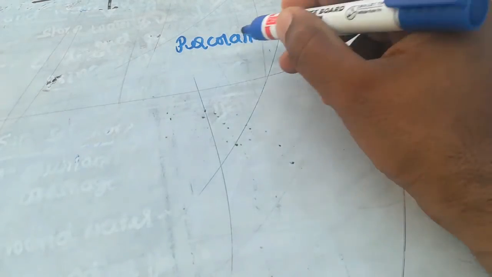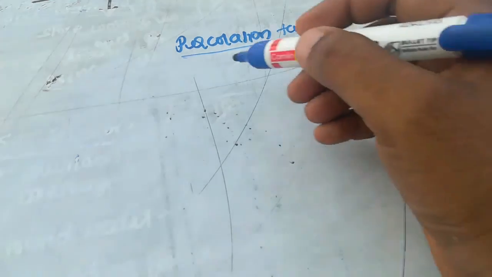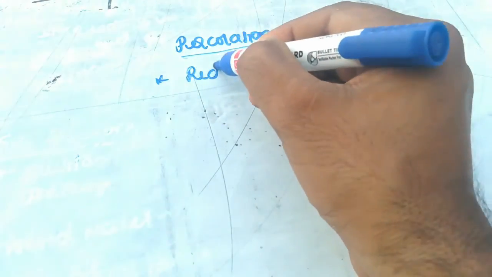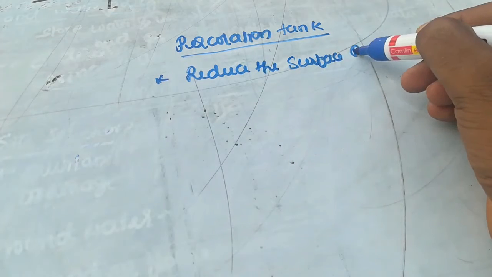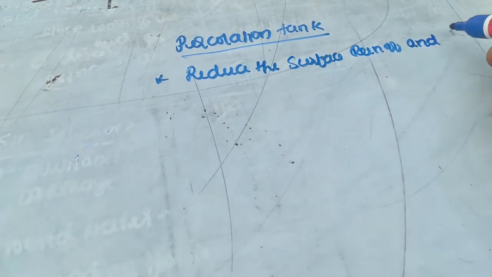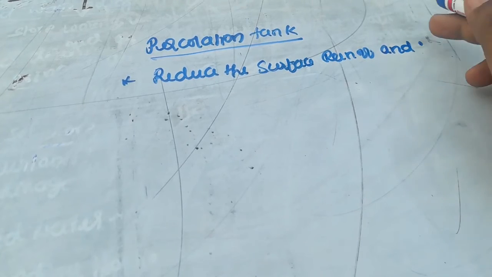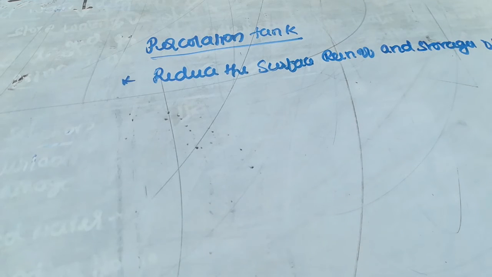Why is a percolation tank important? It reduces the surface runoff and stores water. It will reduce the surface runoff, because more runoff means the water goes to the sea.